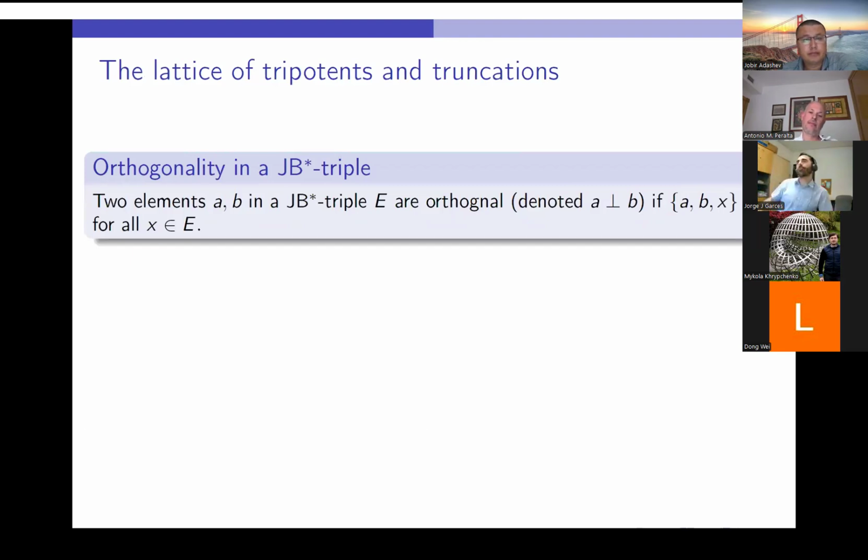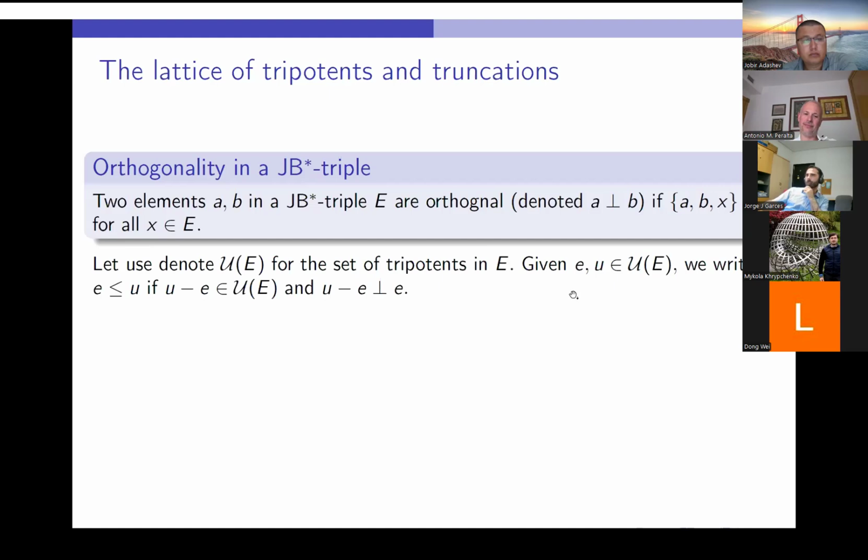Recall now that two elements in a JB*-triple are said to be orthogonal if this equality holds for every x in the JB*-triple A, but this is also equivalent to a box b equals 0. And now observe that in a JB*-triple projections don't make sense, so we only have tripotents.